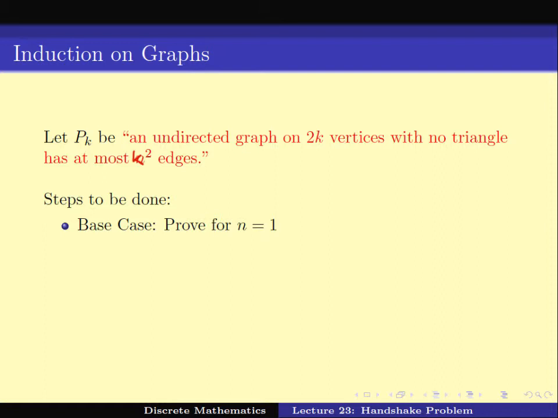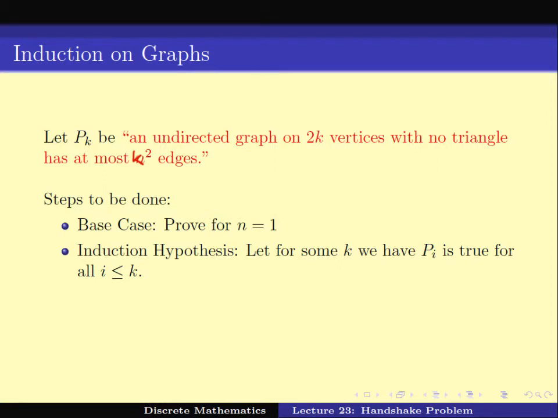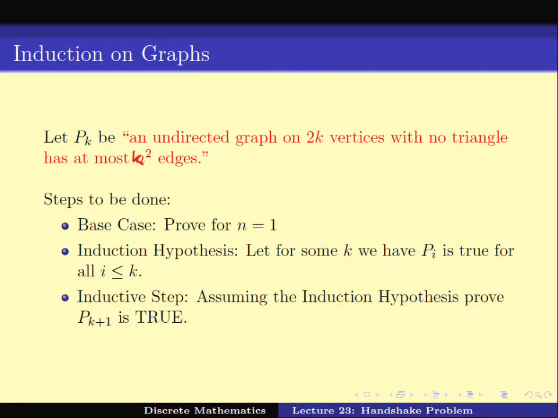Of course, there can be different kinds of induction hypothesis depending on the versions of induction that we are going to use. In this case, we will use the induction hypothesis where for some k, we have Pi is true for all i less than or equal to k. That means P1 is true, P2 is true, P3 is true, dot dot dot till Pk is true. Under the assumption that P1 to Pk is true, can we prove Pk plus 1 is true?